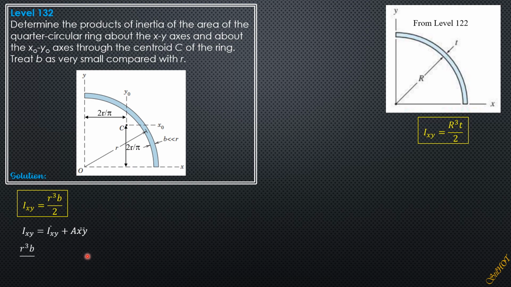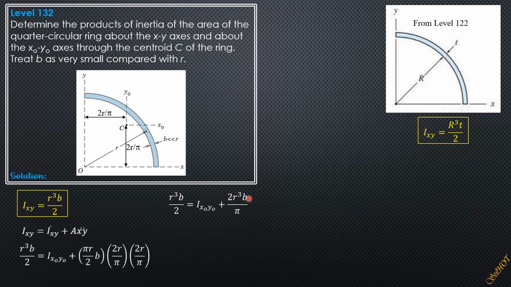So r cube b over 2 equals I barred xy plus quantity pi r over 2 times b times 2r over pi times 2r over pi. So simplifying, r cube b over 2 equals IXOYO plus 2r cube b over pi. So these are like terms.